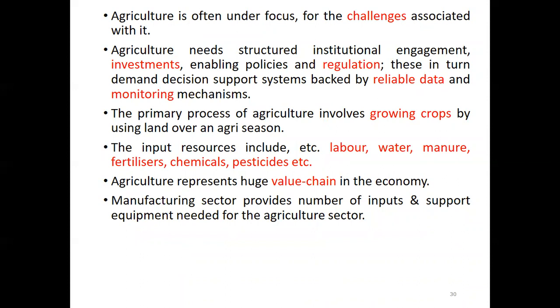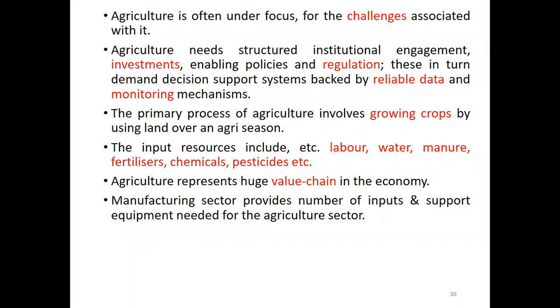Now, agriculture is often under focus for the challenges associated with it. There are few entrepreneurs engaging in agricultural business because there are a lot of challenges. If we compare with other sectors like pharmaceutical, healthcare, automobile, the challenges are more.